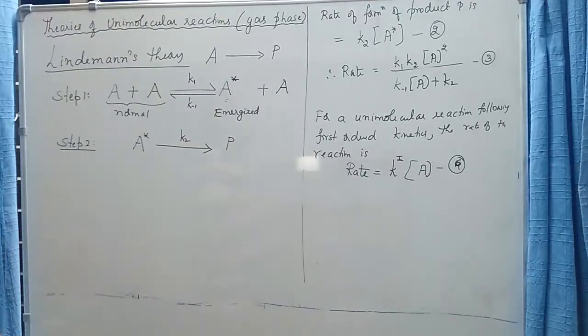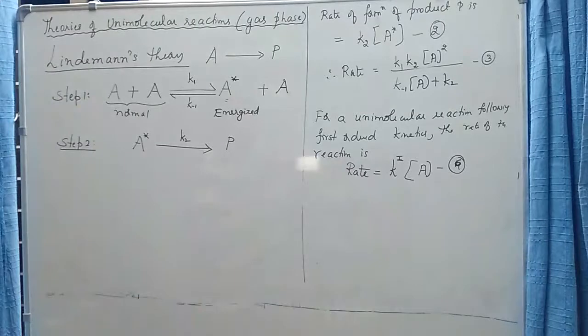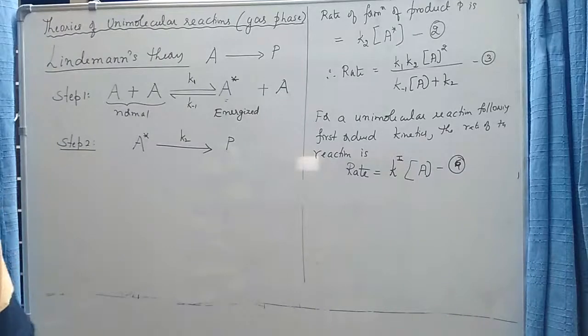So when you are varying the concentration of the reactant, the rate constant remains constant. And if the rate constant varies with the concentration, it means that it is not a rate constant at all. A rate constant should always remain constant as you vary the concentration. If it does not remain constant, it means it is not the rate constant.